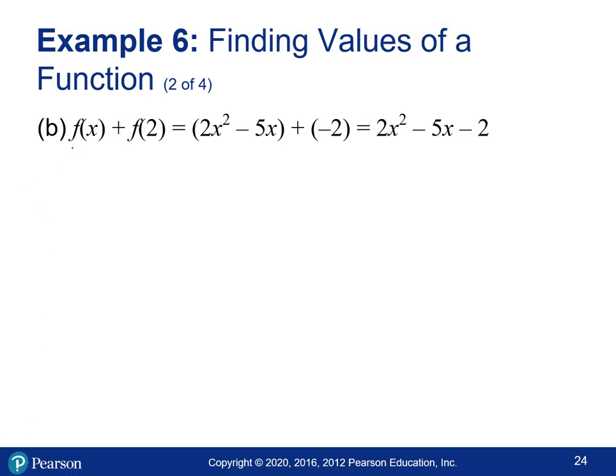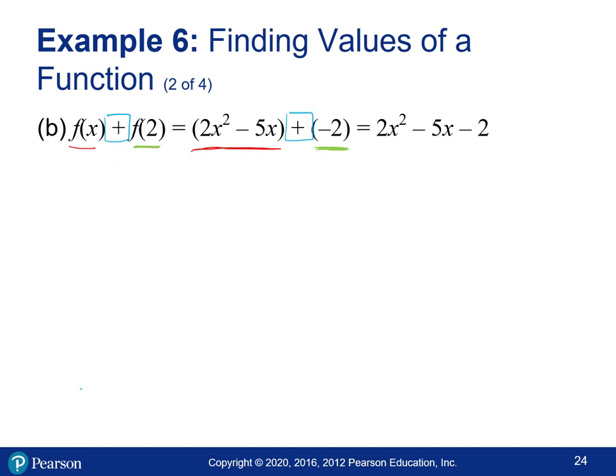Notice this one has f of x plus f of 2. Now, notice what we have here. I'm going to try to color code it so it makes more sense. Let's go green on this one. Okay, so here's f of 2. We did the work already. It was negative 2 from the previous slide. The function itself, f of x, was given. We were told this is f of x. And so we're just substituting, and we're keeping this plus sign in the middle because we were told to add the two things.